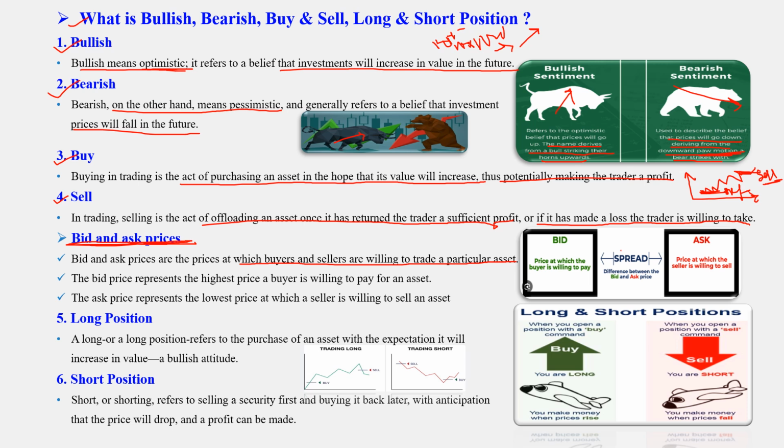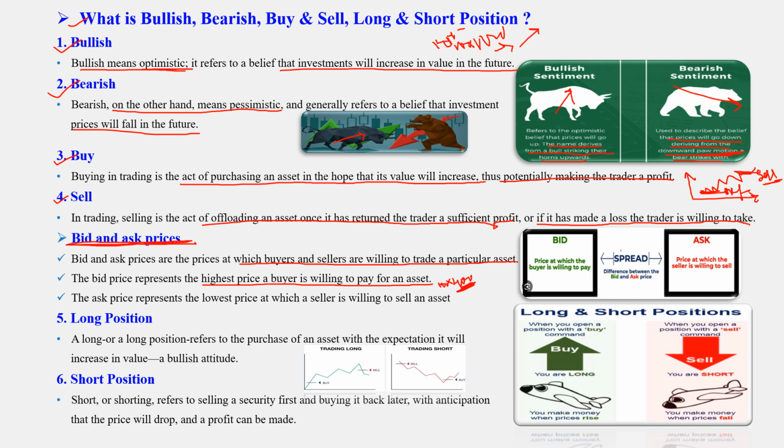Let's assume an example. Let's consider the Tata Power stock, for example 10 quantity at 400, right? This 400 price for Tata Power, from the buyer's perspective, is the bid price, which represents the highest price a buyer is willing to pay for an asset, right?